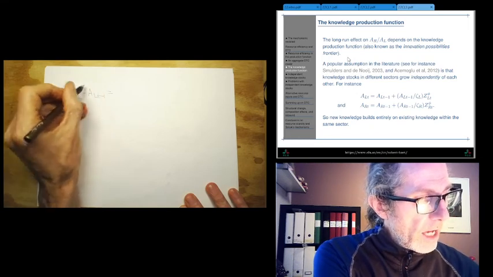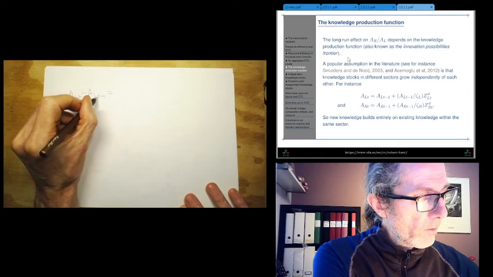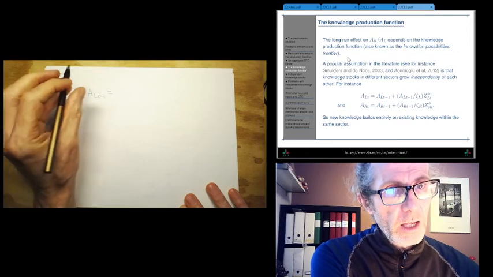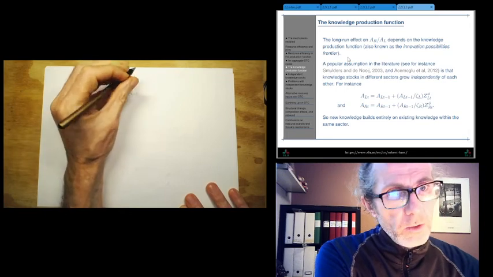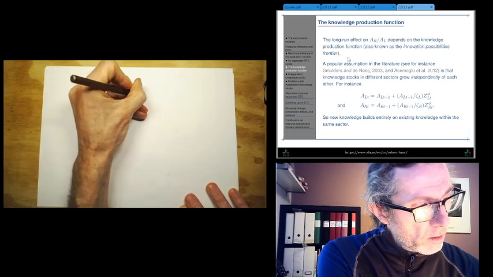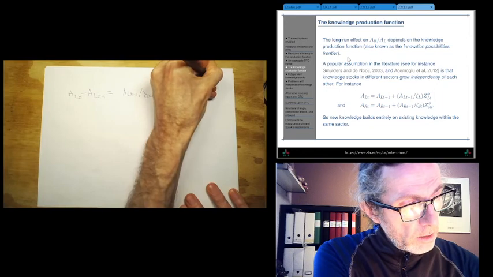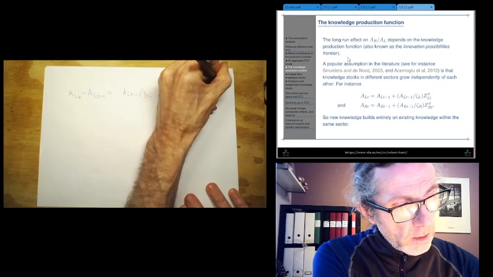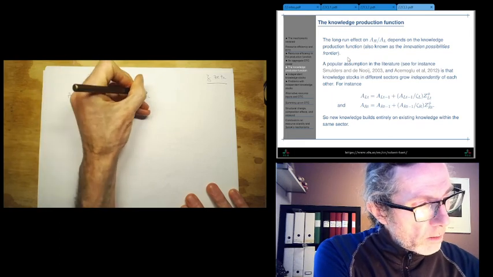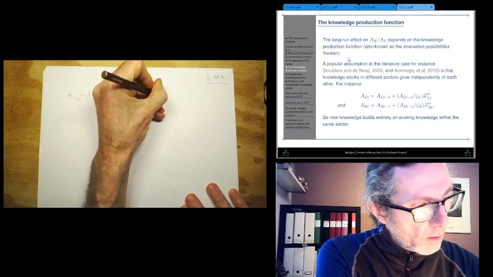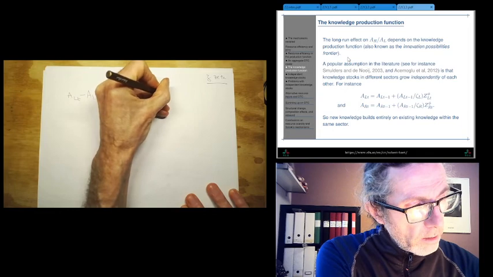So this is the extra knowledge when moving from period t minus 1 to t is just a function of A_L,t minus 1 over zeta_L, that is a zeta, times the quantity invested.